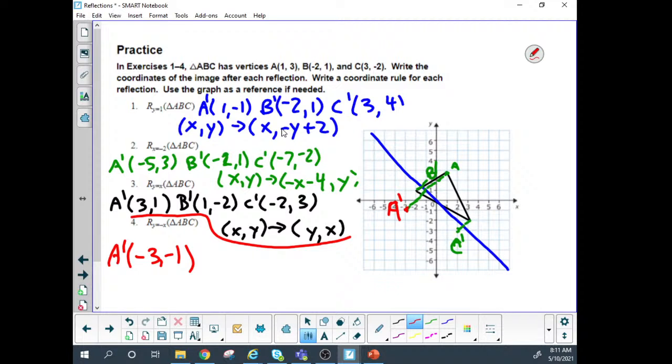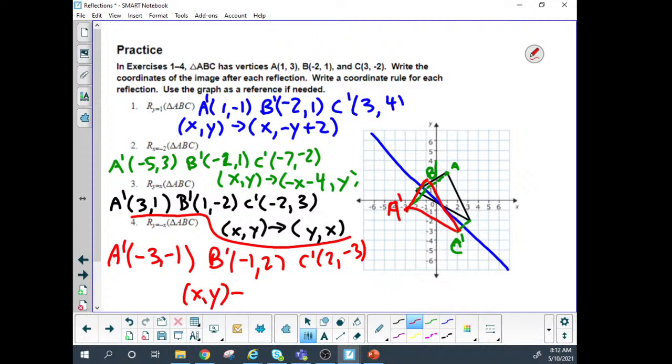It stays in the second quadrant. Points in the fourth quadrant stay in the fourth quadrant. So B prime ends up at -1, 2, right there. And C prime ends up at 2, -3.